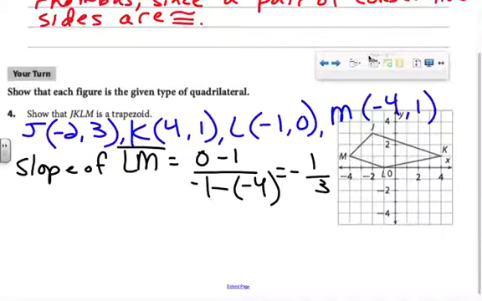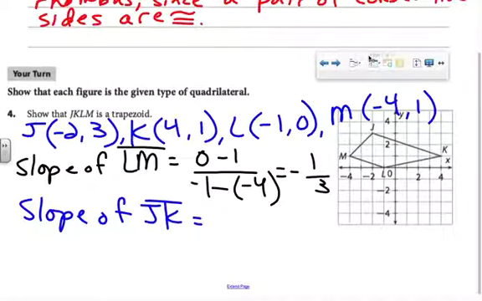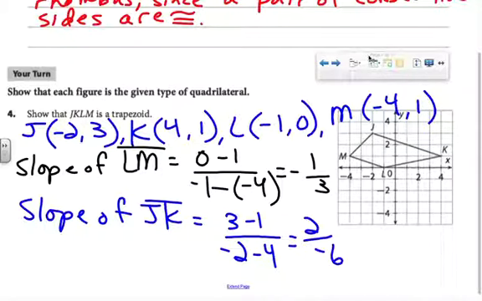Let's find the slope of JK. That's 3 minus 1 over -2 minus 4. That's 2 over -6, but of course we're in high school, so we reduce our fractions, and when we reduce that fraction, we end up with -1/3.